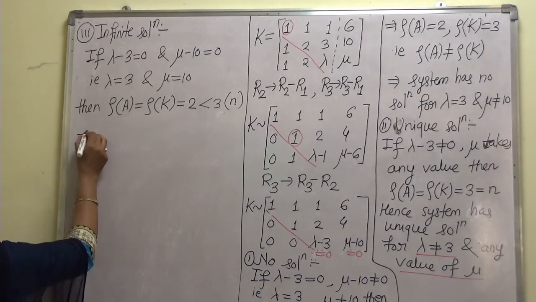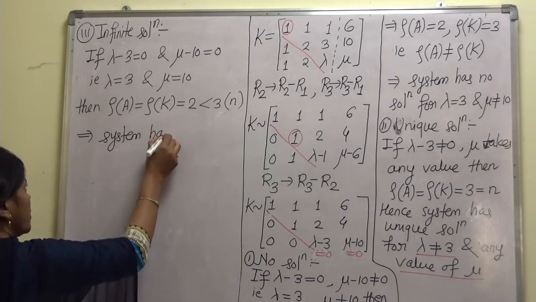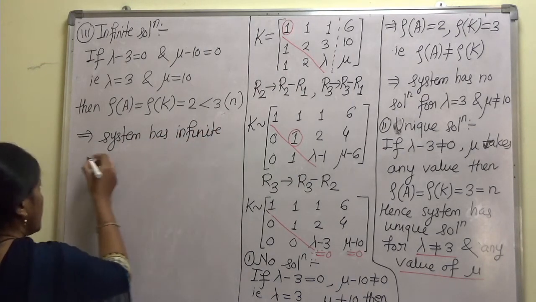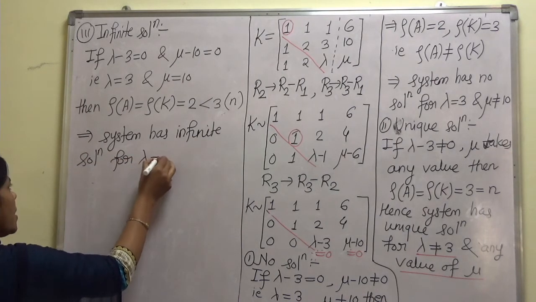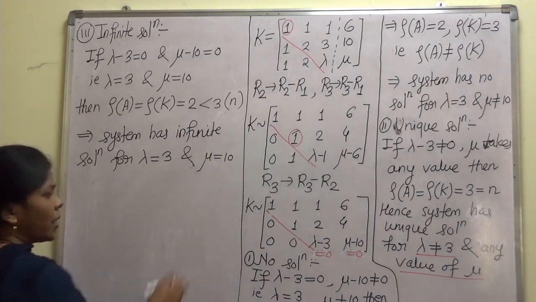So this implies the system has infinite solutions for lambda equal to 3 and mu equal to 10.